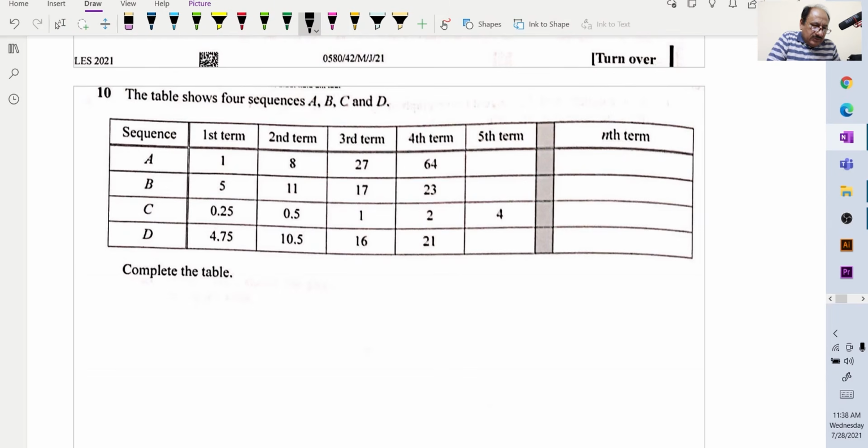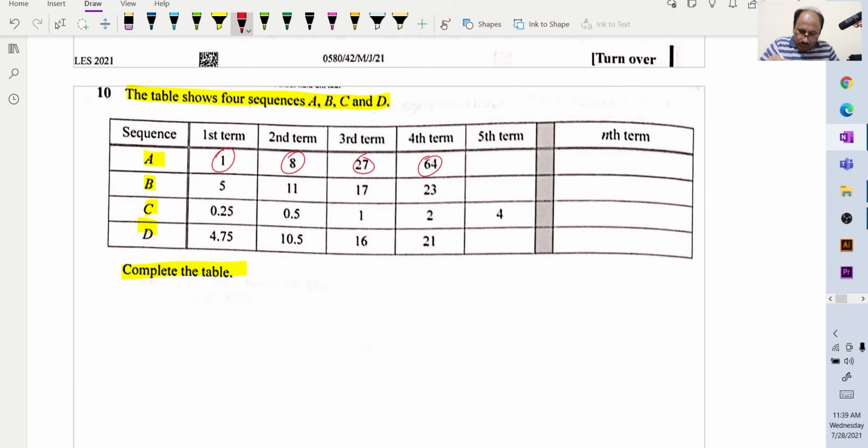It is about sequences, and the table is provided. The table shows 4 sequences A, B, C, D, and we have to complete the table. For completing the table, this is like 1 squared, 1 cubed, 2 cubed, 3 cubed, and 4 cubed.